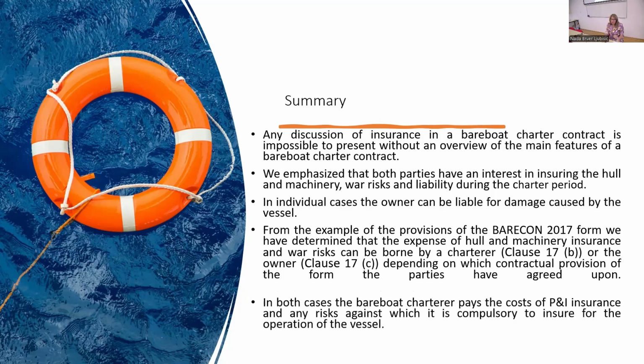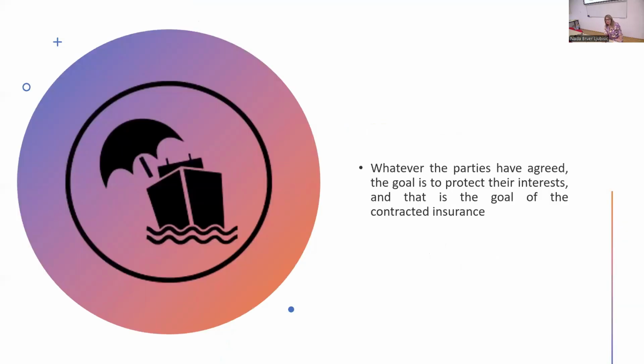And in both cases, the bareboat charterer pays the costs of P&I, protection and indemnity insurance, and any risks against which it is compulsory to insure for the operation of the vessel. So whatever the parties have agreed, the goal, of course, is to protect their interest, and that is the goal of insurance in general.